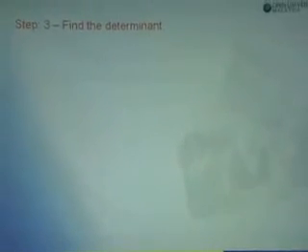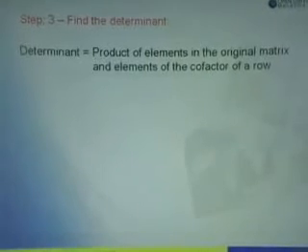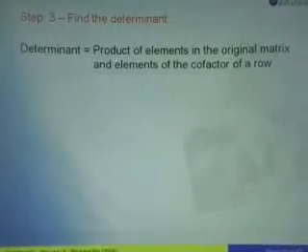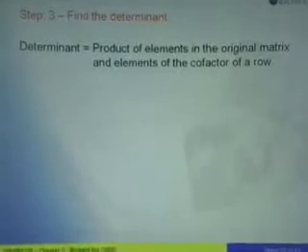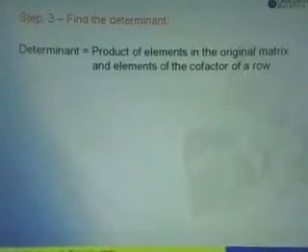So the next step now is to find the determinant of P. In order to find the determinant of P, the determinant is equal to the product of elements in the original matrix and the elements of the cofactor of the row.